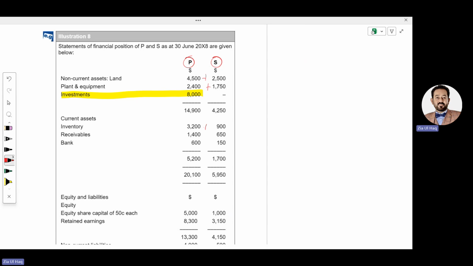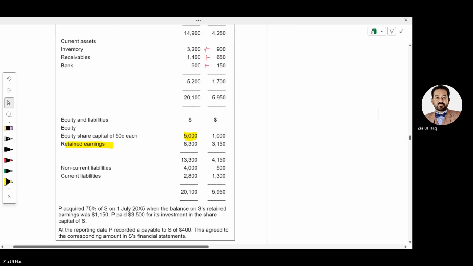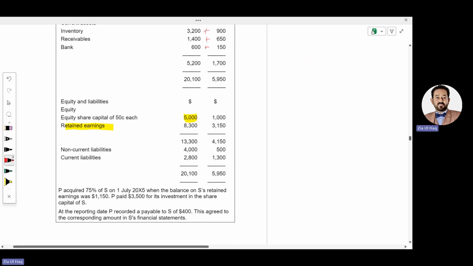Current assets: inventory, we will add, receivables, we will add, bank, we will add. Equity: share capital, we will use only this figure, and retained earnings we need to calculate. For non-current liabilities, we will add, current liabilities, we will add.